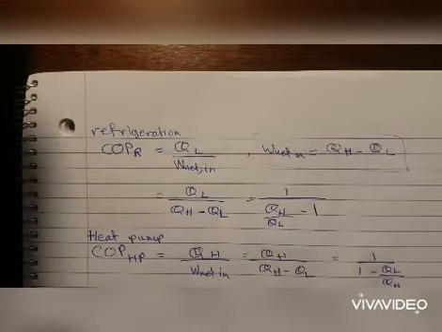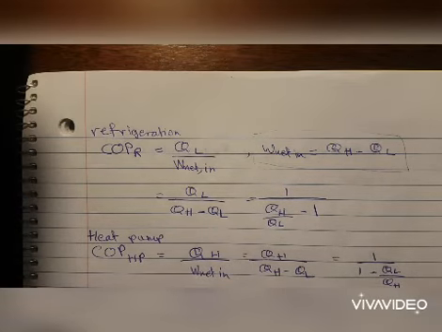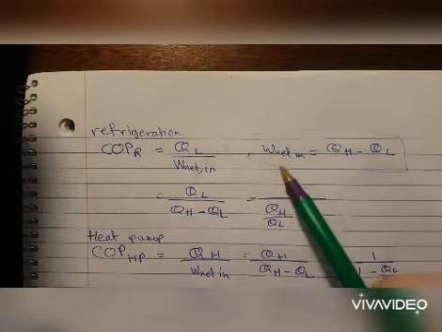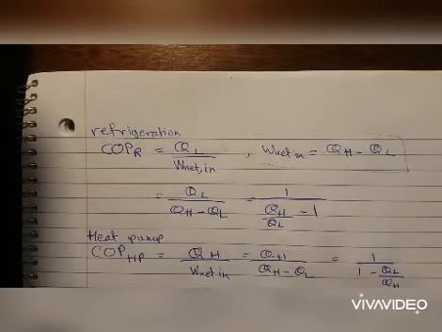How it's different from a heat engine is that instead of work net out, we get work net in, because in a heat engine there's work going outside of the heat engine. The heat is the driving force in that engine and it's causing the work.